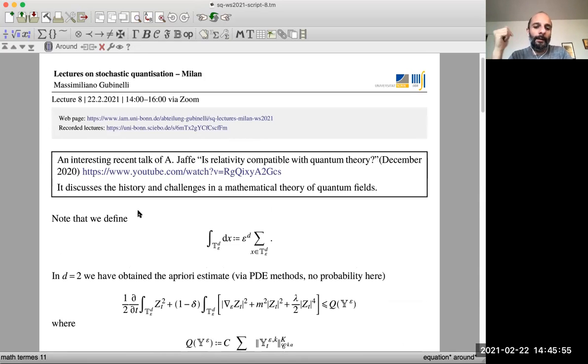He was one of the major actors, and talks about the early years, when people were using Hilbert space methods, when people discovered the Euclidean strategy and reflection positivity, and where we stand now. It's actually quite funny because at the end it mentions stochastic methods very briefly.